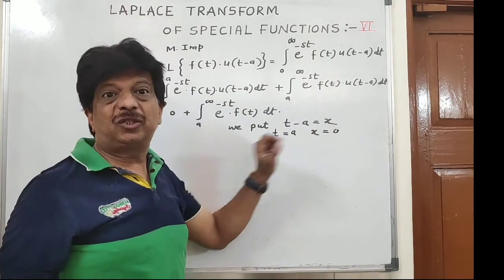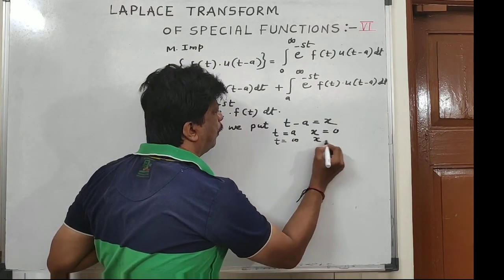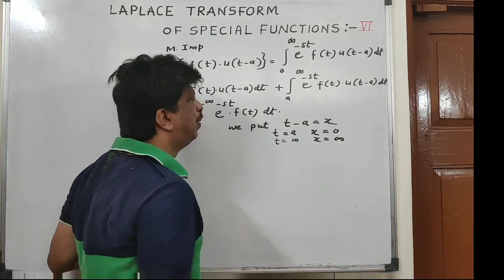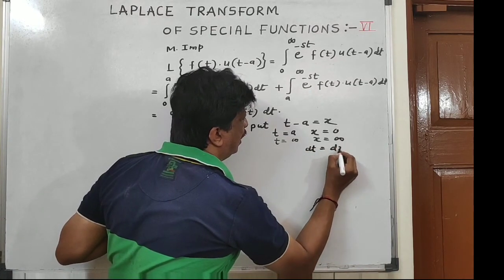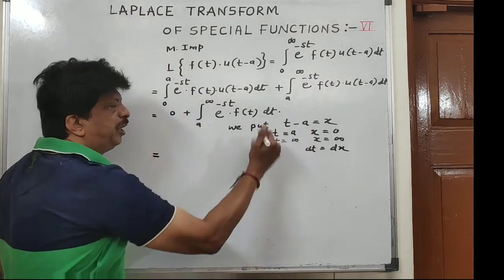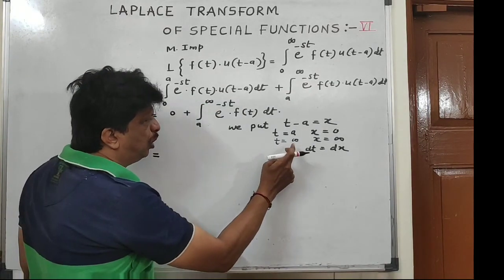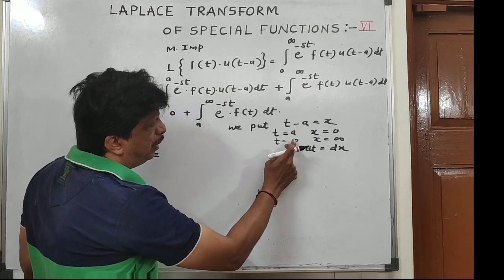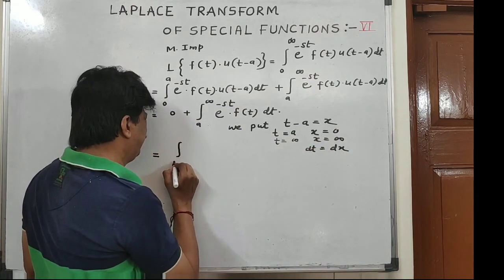When t is infinity, x is also infinity. dt is equal to dx. So let me substitute all these changes. A to infinity goes to 0 to infinity.